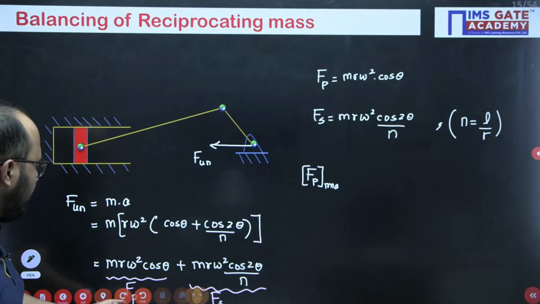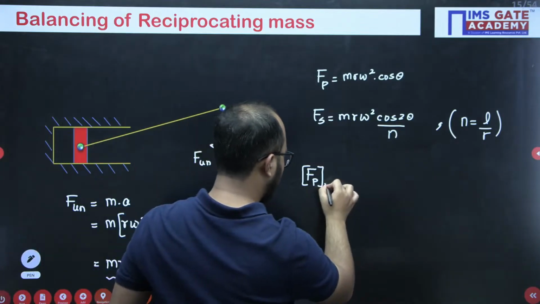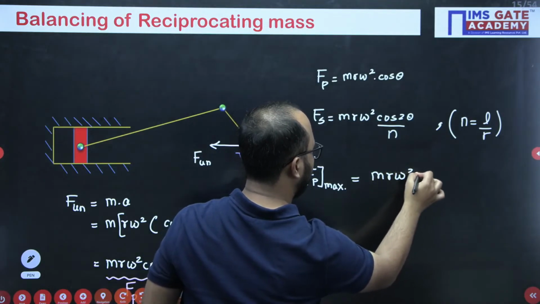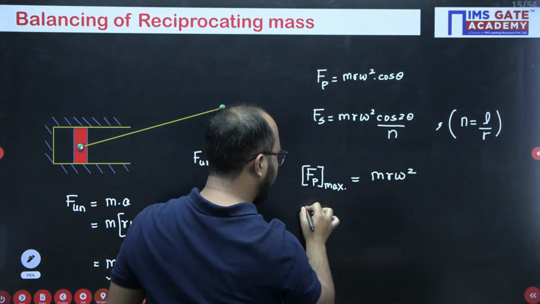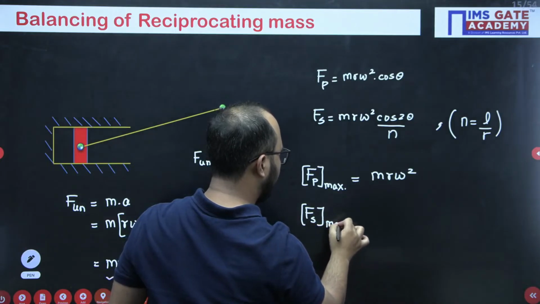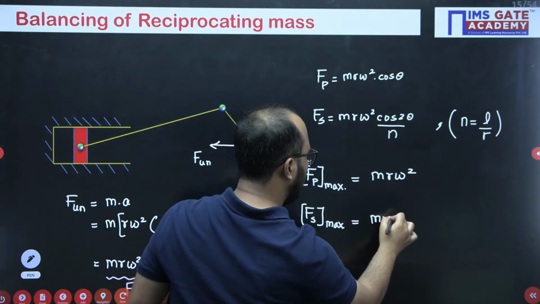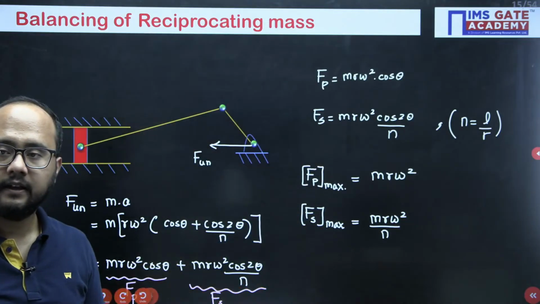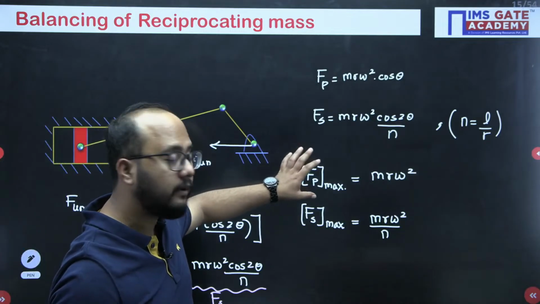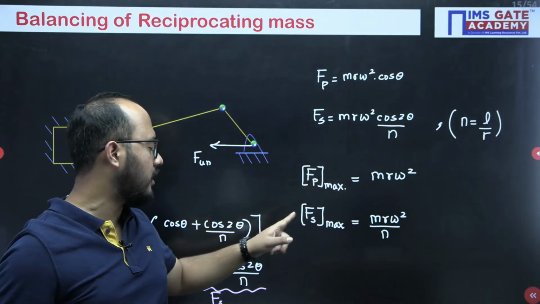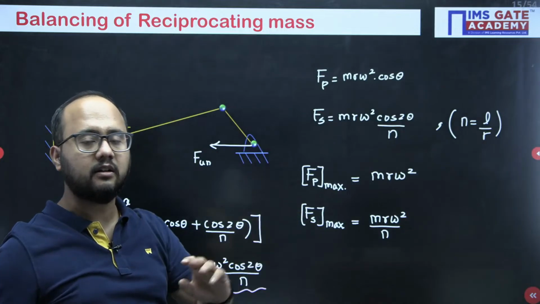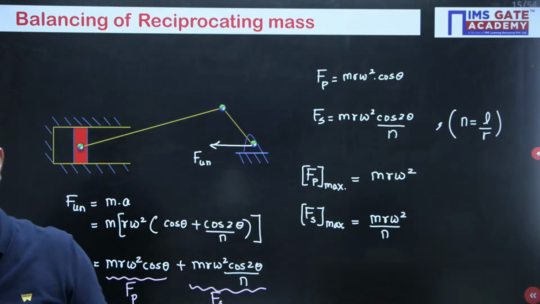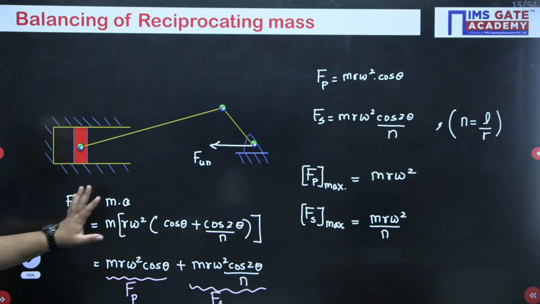The maximum value of the primary unbalanced force is mr omega square, and the maximum value of the secondary unbalanced force is mr omega square divided by n. These are the two values that you should remember here. This much basics at least you should know.